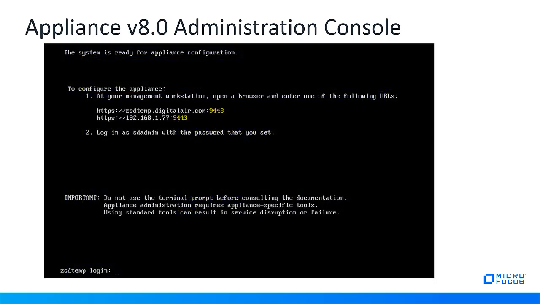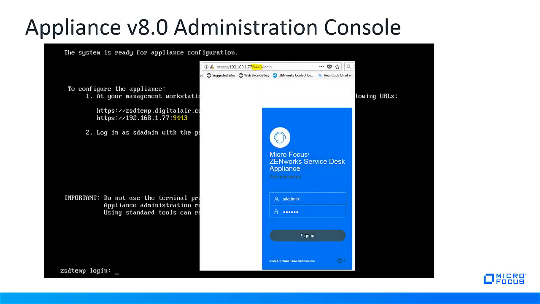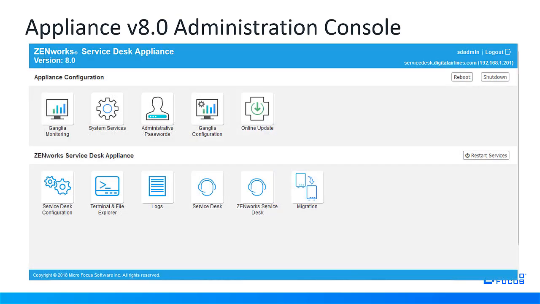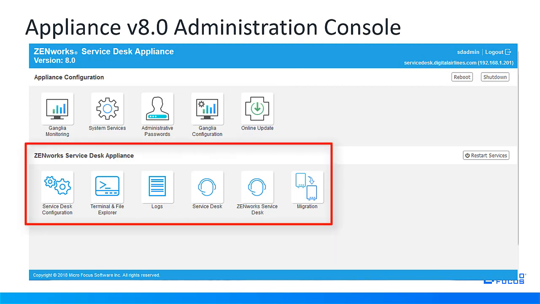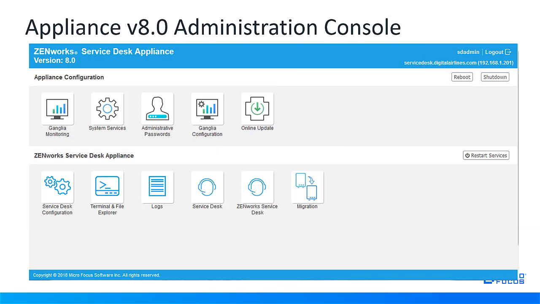And when you're done with your install, you'll see this screen where it directs you to port 9443 on the server. Once you log into 9443 on the server, you'll then see this administration console for version 8.0. Logged in as SD admin, you have these functions for the appliance, and you can modify these functions for the ZENworks Service Desk appliance.